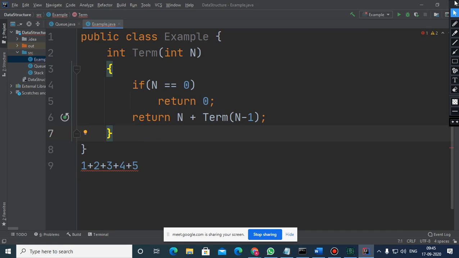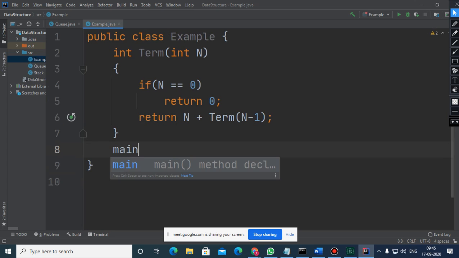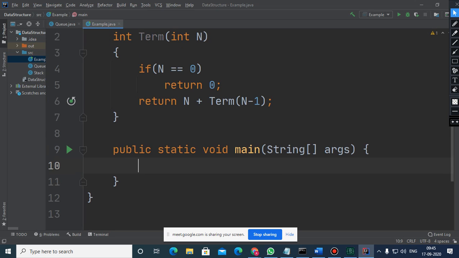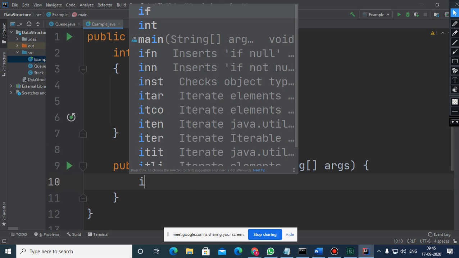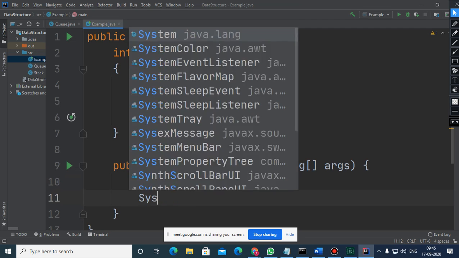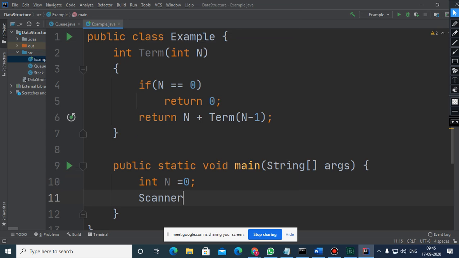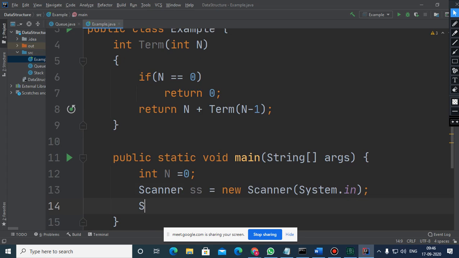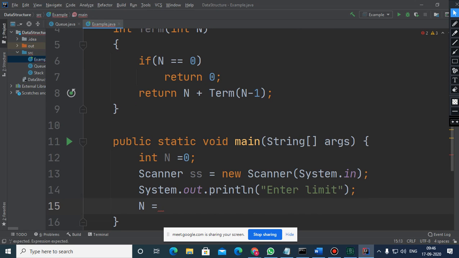This is the function which will add n natural numbers. Main method. And here, enter limit, which represents the limit up to which term you want the sum.